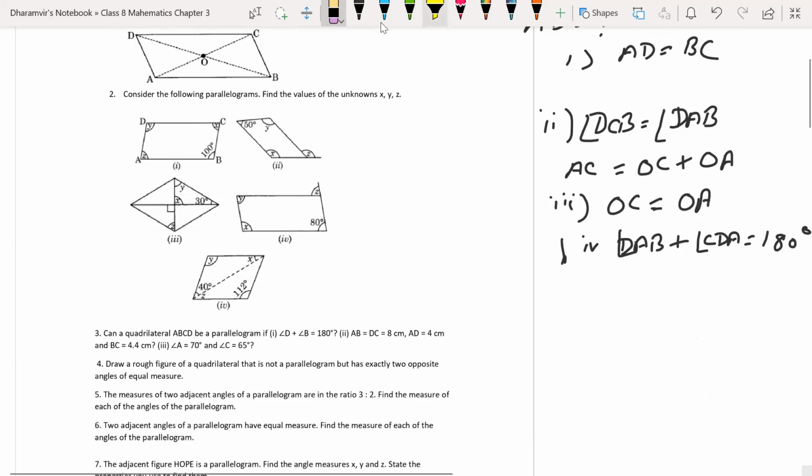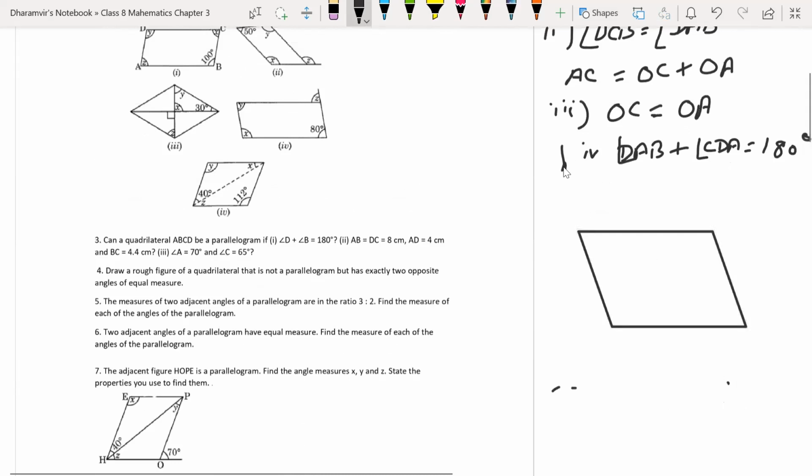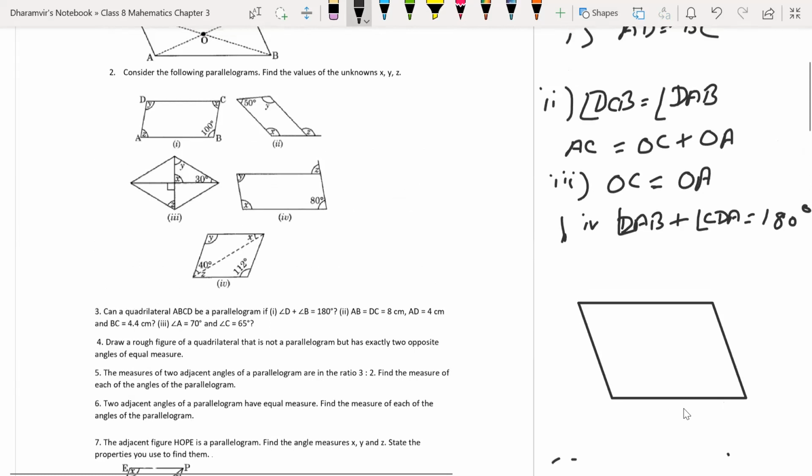Second, let's draw a parallelogram. This is a parallelogram. Okay. Figure second.